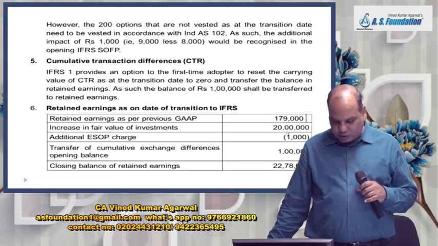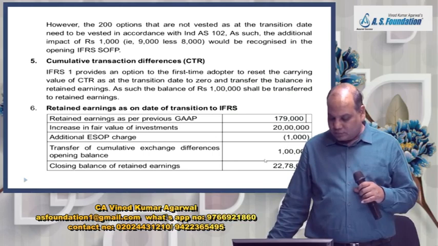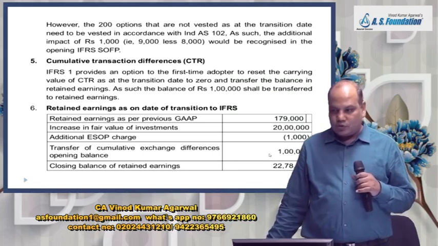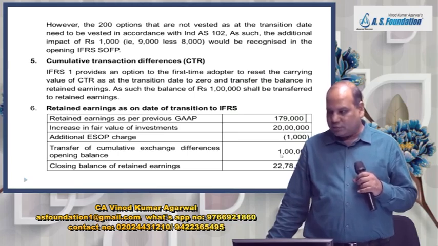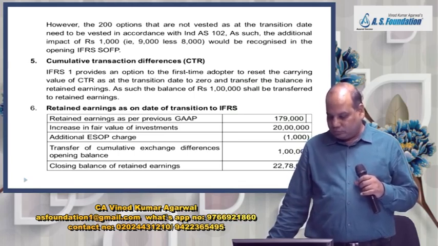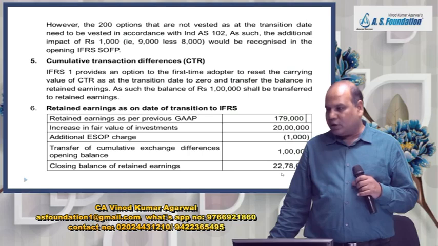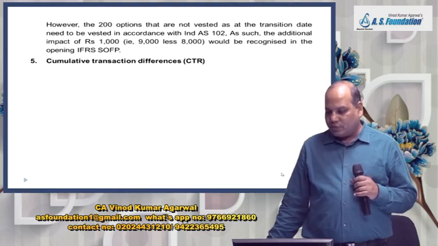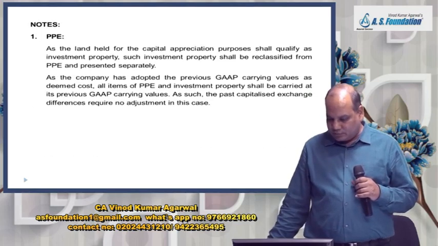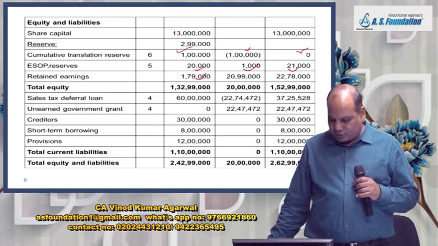Minus additional ESOP charge 1,000. And plus transfer of cumulative exchange difference opening balance 1 lakh. Therefore, closing balance 22,78,000. Transfer it to the main answer. 22,78,000, final figure.